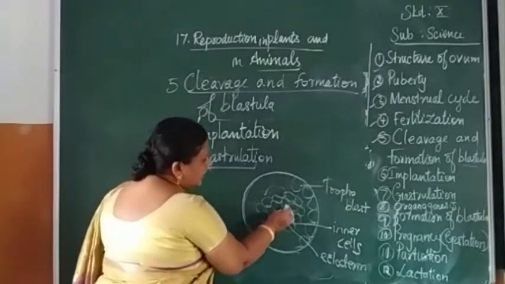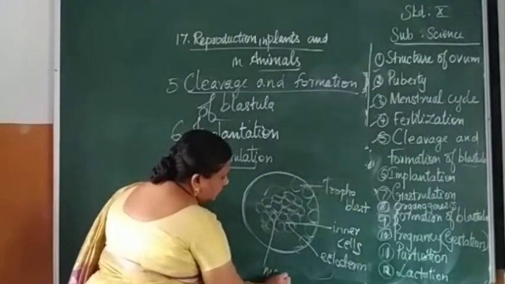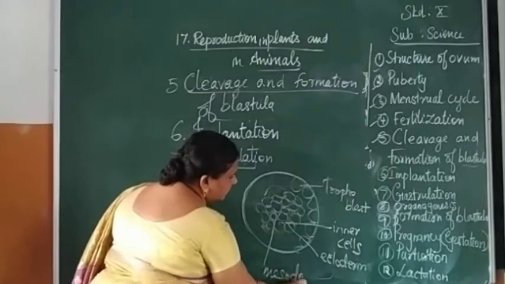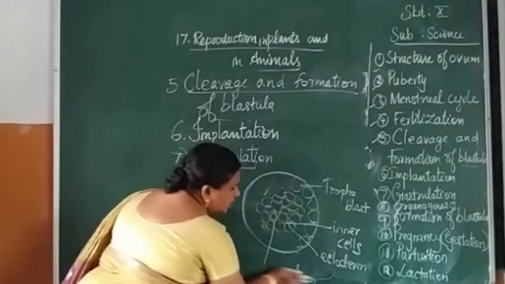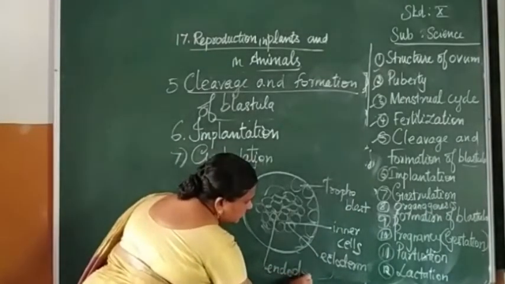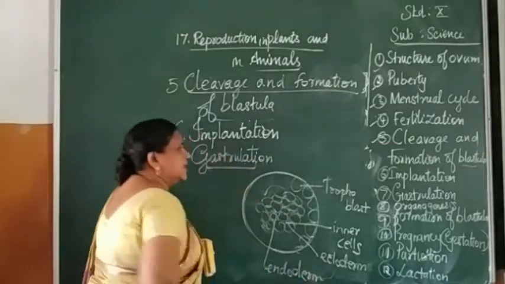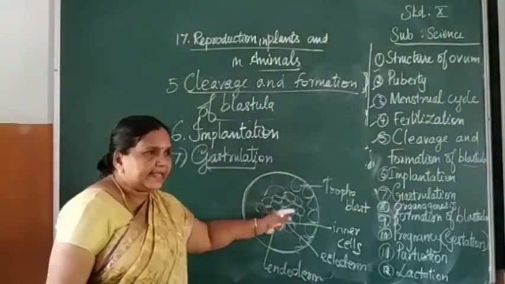And the inner mass of the cells will form the mesodermal cells. They will be converted into mesoderm, and the endodermal layer will be formed.